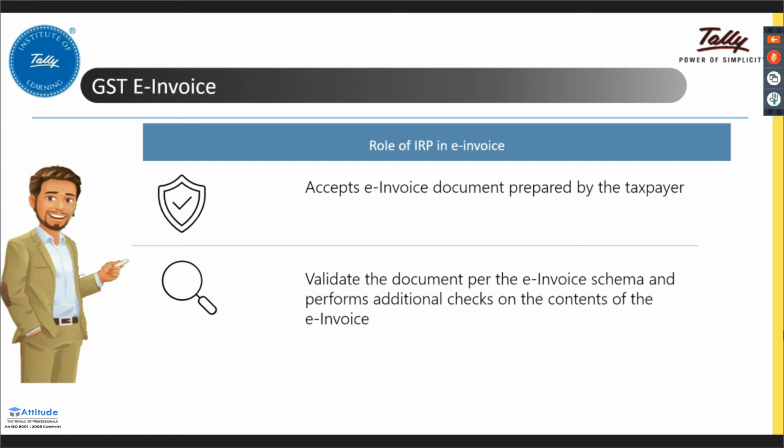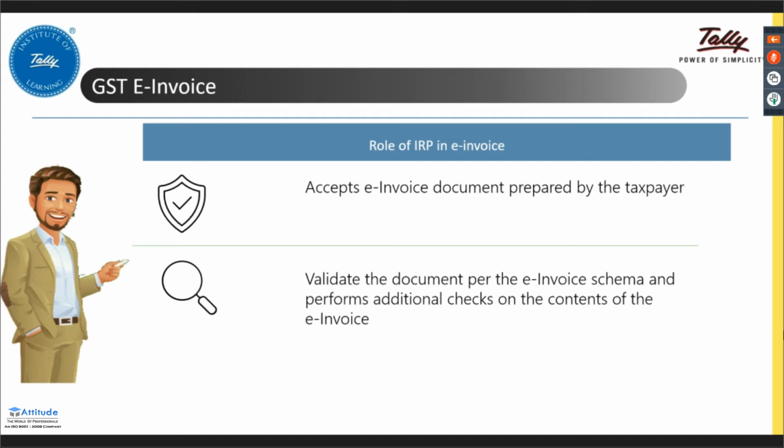After accepting the e-invoice document generated by the taxpayer, it will validate the correctness of the document as per the schema, that is, as per the conditions of e-invoice, and it will follow the additional checks.